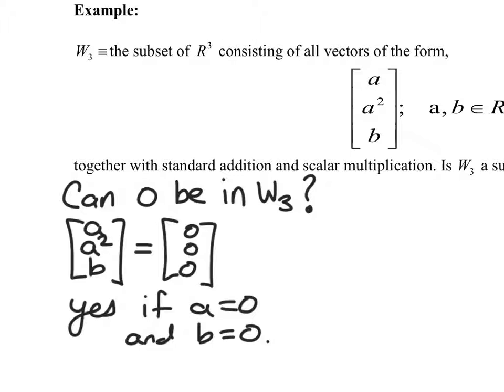Let me give you a quick what-if scenario. What if the second entry were a plus 2? Then you would start thinking, in order for this to be the zero vector, a would have to be equal to 0. But if a is equal to 0, then the second entry would have to be 2, because 0 plus 2 is 2.